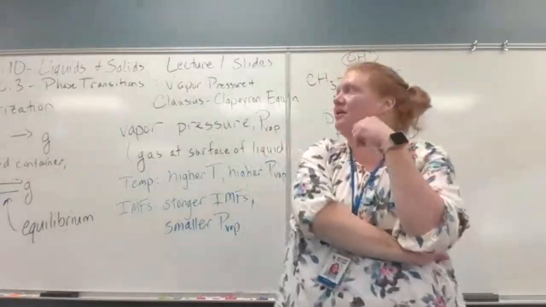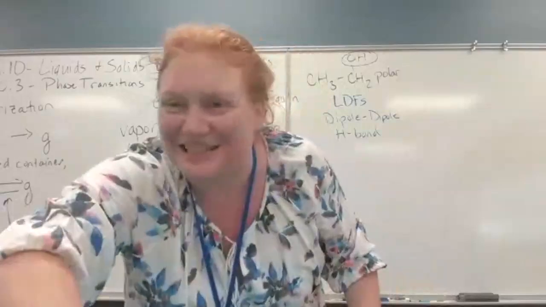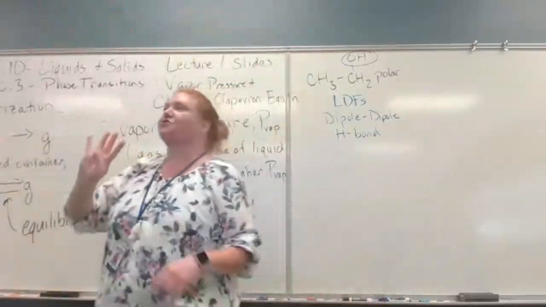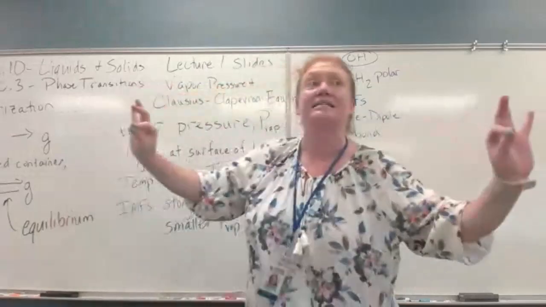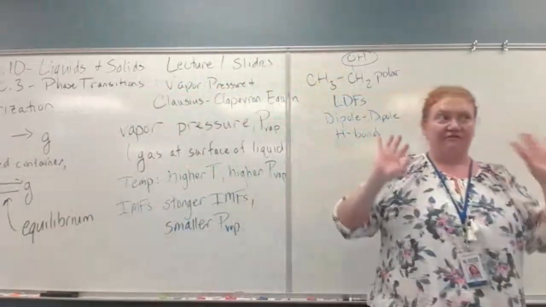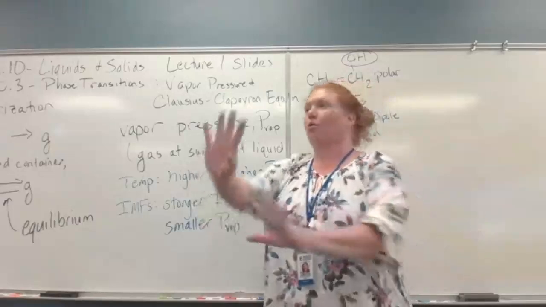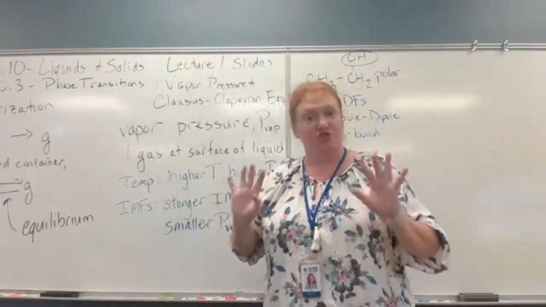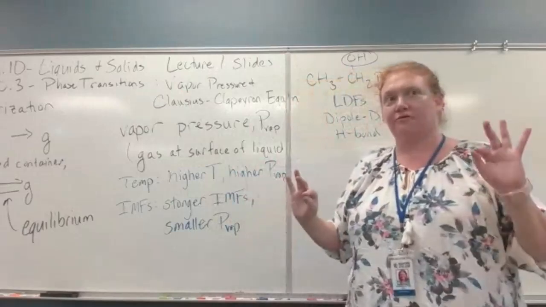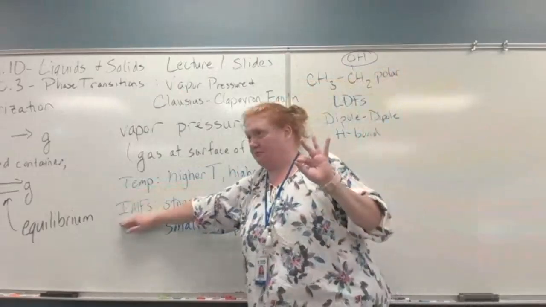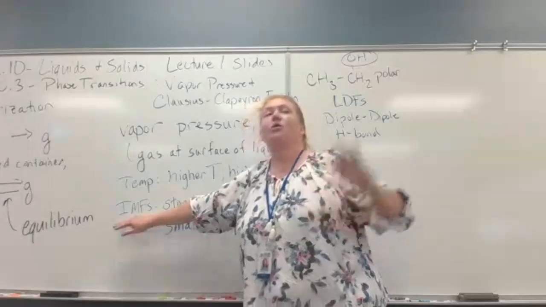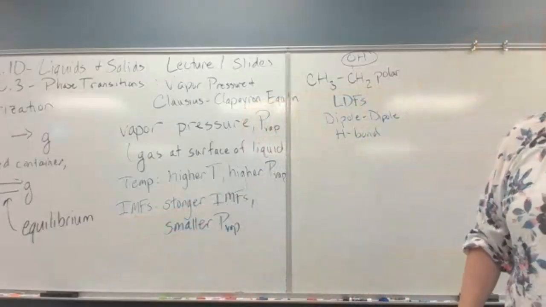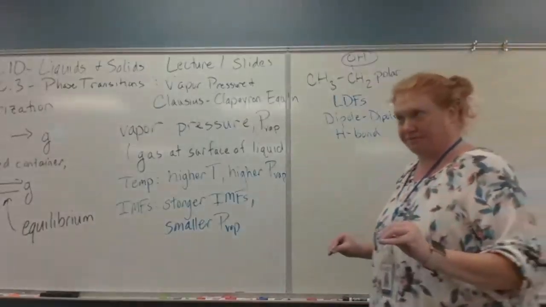Which one of these four should have the highest vapor pressure? We're assuming everything's at the same temperature. I'm not talking about temperature. We're really just looking at the effect of IMFs.